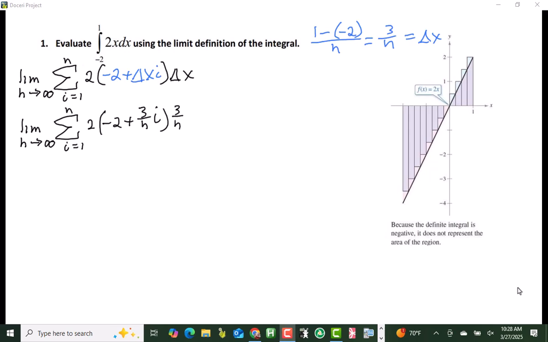And on the outside, I've got 3 over n, which is delta x, which is the width of the rectangles. Don't get confused, both of these 3 over n's represent delta x. One of them is being multiplied by i, as i changes from 1 to 2 to 3 to 4 and so on. The other is just a constant 3 over n. All right?